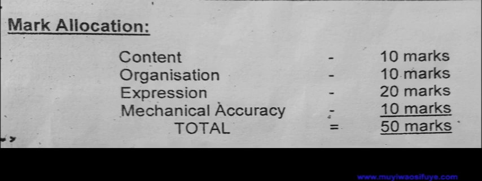I know mechanical accuracy, when you make a mistake, you have grammatical or spelling errors or punctuation errors, the examiner will ring, and each ring is minus half a mark. So you can imagine if the score for mechanical accuracy is 10, and the examiner counts like 20 rings, well, that means you have already scored 0/10. So be careful when you are writing your essays, so that you don't find yourself losing marks.